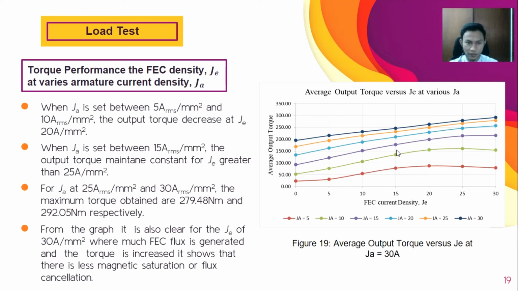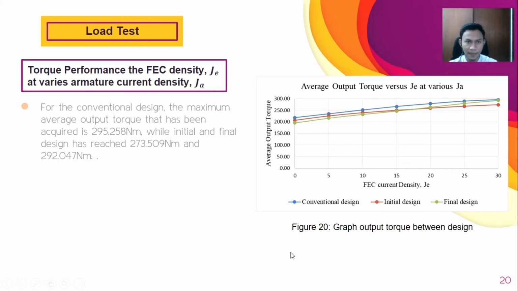From the graph, it is also clear that at JE of 30 ampere, very much flux of the FEC is generated and the torque is increased. It shows that less magnetic saturation or flux cancellation happens. So this is for the load test.